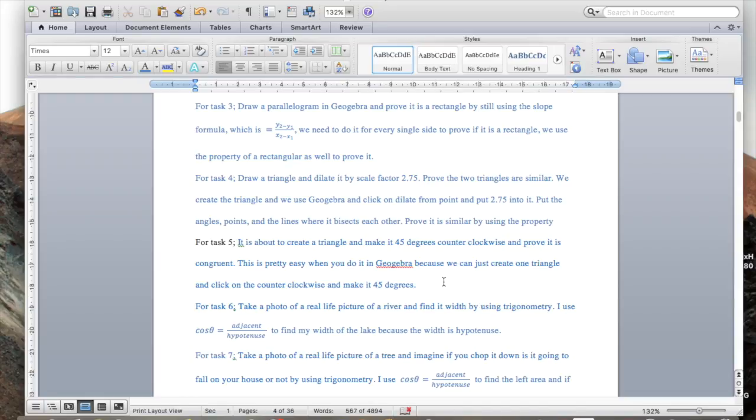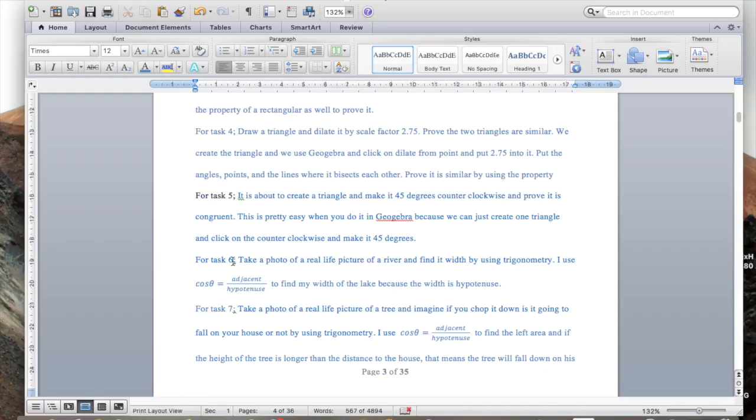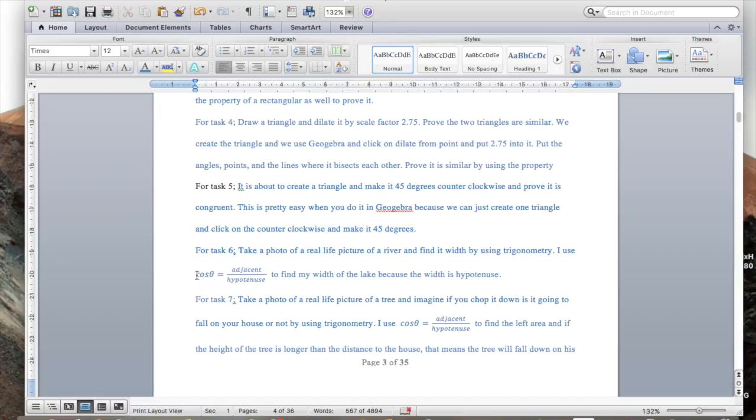And for task 6, we need to take a photo of a real life picture of a river and find the length by using trigonometry.